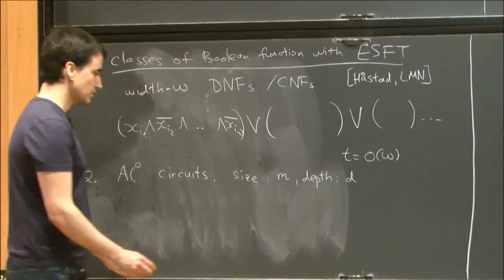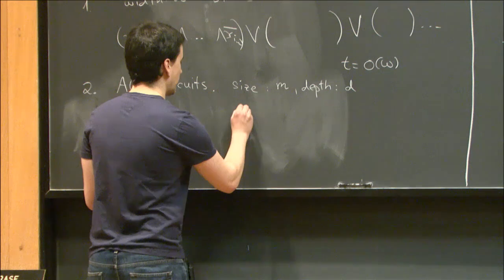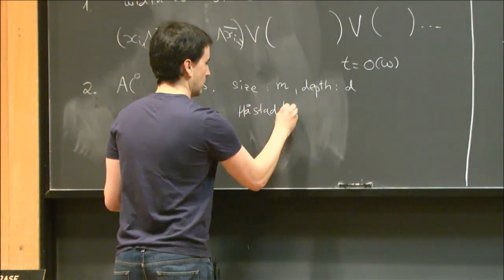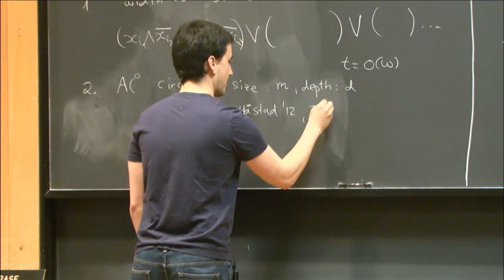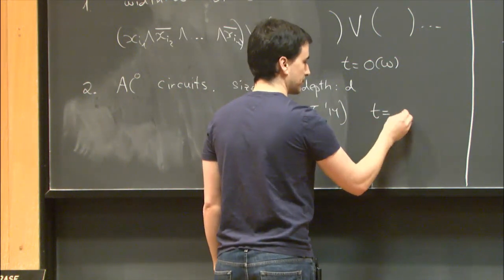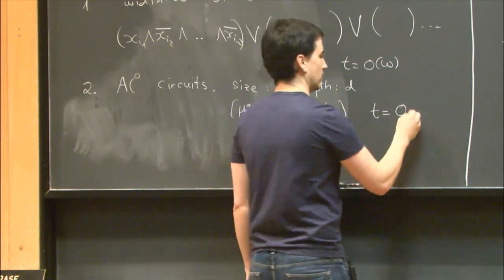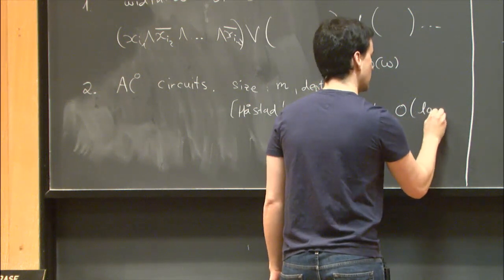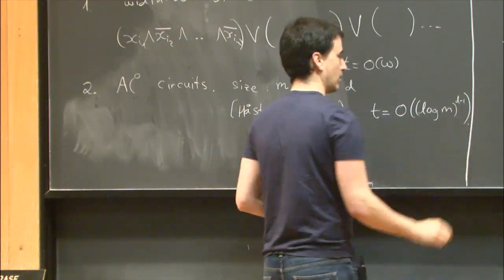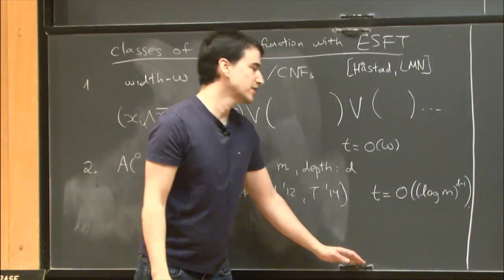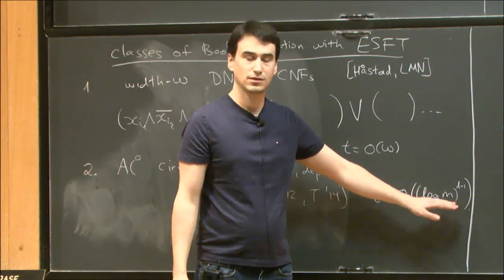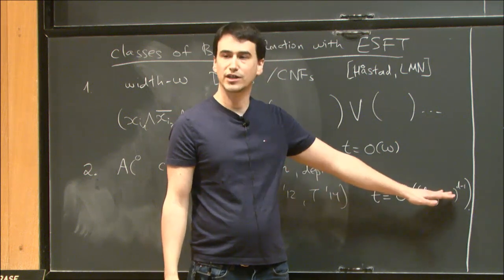And recently, via work of Hastad and myself, we showed that this holds for t which is (log m) to the d minus 1. If you want to think of certain parameters, think of m as polynomial in n, and think of d as a constant. So this is like polylogarithmic in n.